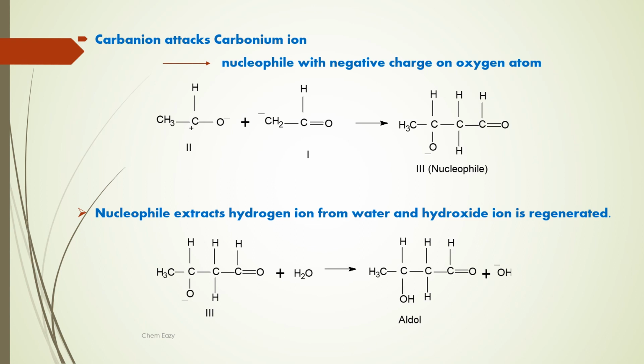Regeneration of hydroxide ion means that the hydroxide ion used in step 1 to remove a proton from the alpha carbon atom is regenerated at the end and gives aldol as a product, which consists of both an aldehyde group and an alcohol group.